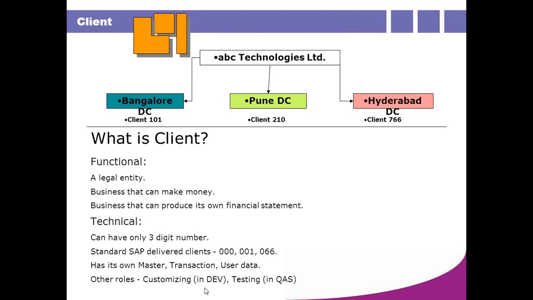But even though it is a copy, we never touch 001 also, because we will build our own client as per our business requirement, and we will create, build and customize that. And 066 is the early watch client. It is by SAP, for SAP, sorry.